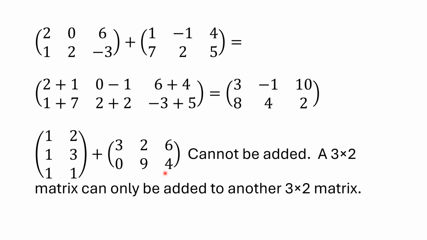This addition cannot be done. These cannot be added. A 3 by 2 matrix can only be added to another 3 by 2 matrix. A 2 by 4 matrix can only be added to another like size matrix, and so on.